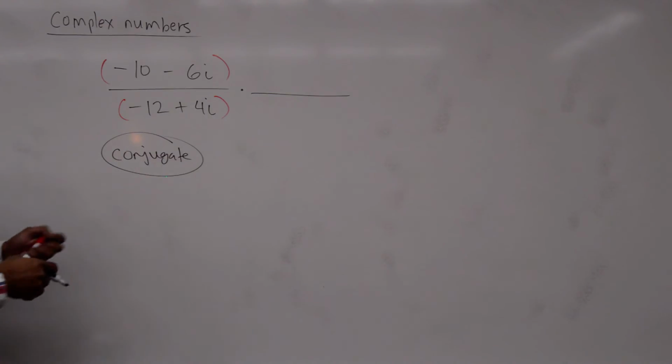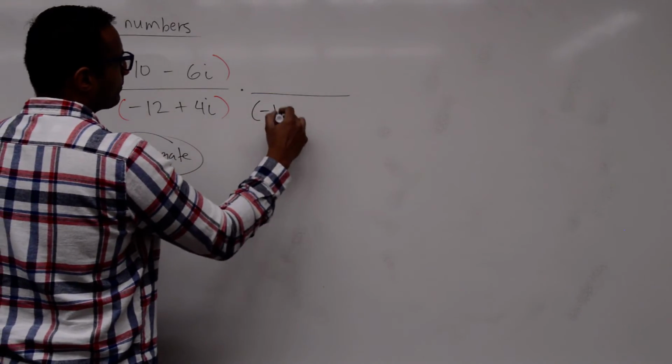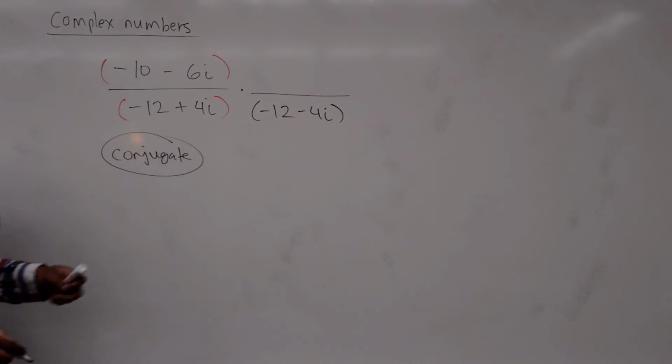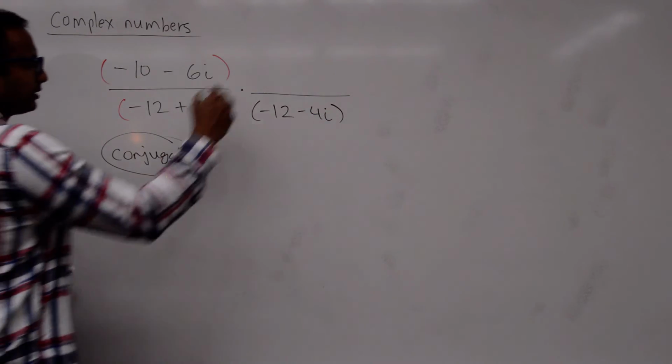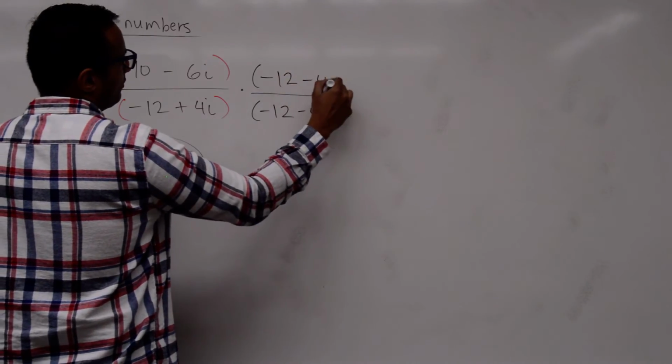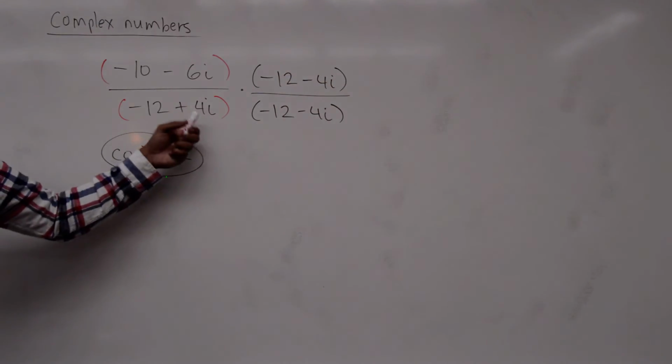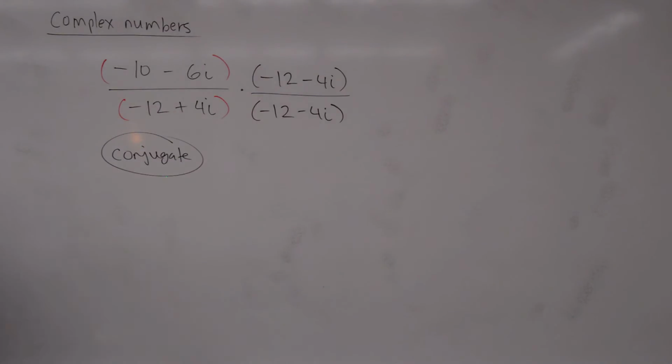And I'm going to show you why we use that, which is going to be negative 12 minus 4i. We multiply the numerator and denominator by negative 12 minus 4i. We don't want to leave an i on the denominator, so to get rid of it, we're going to multiply it by the conjugate.